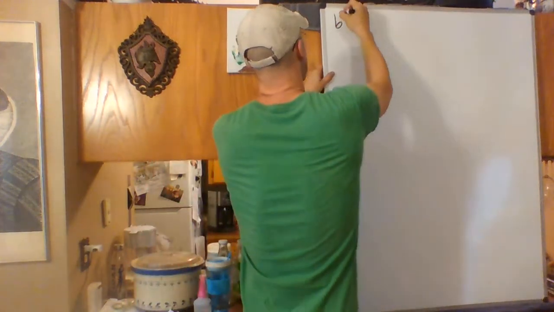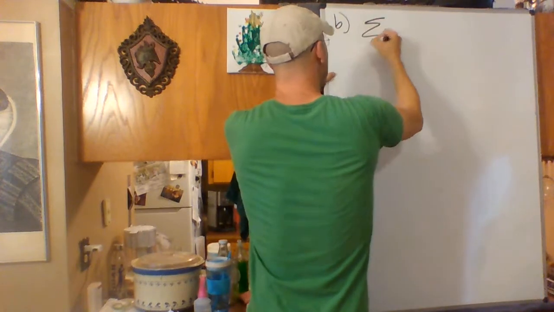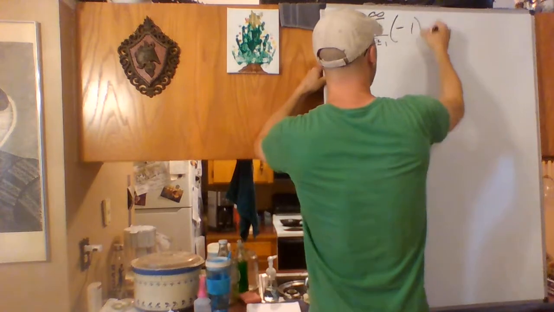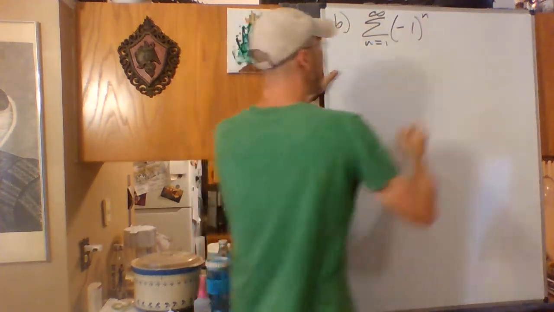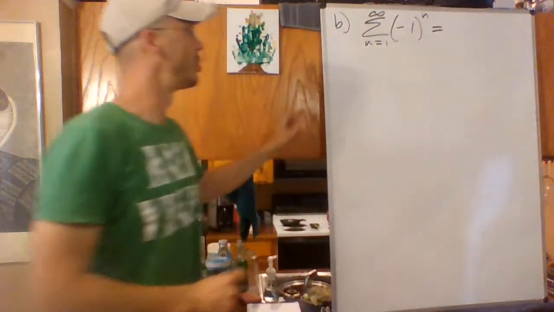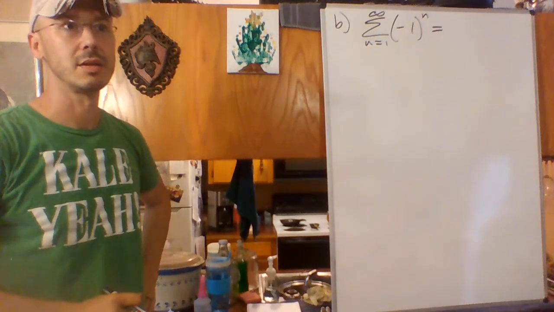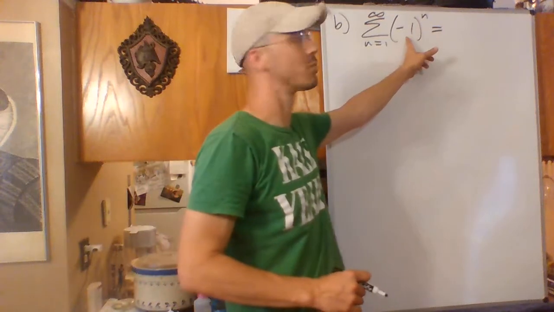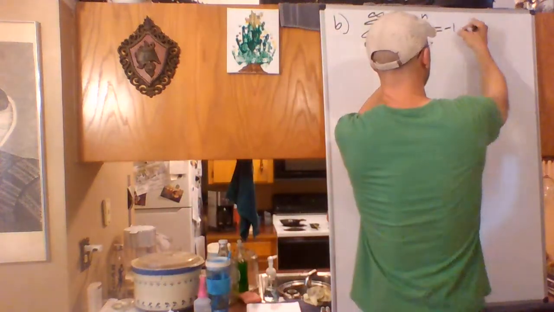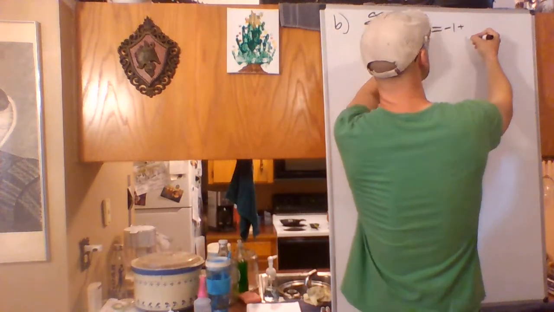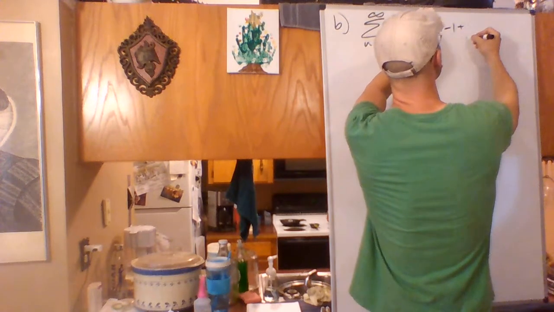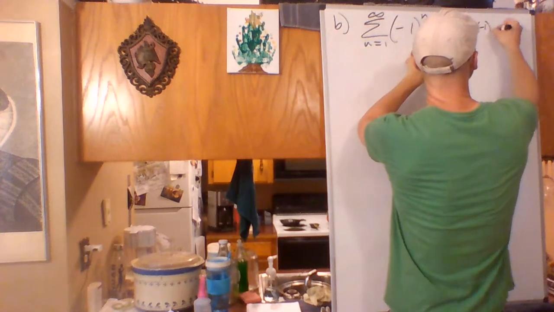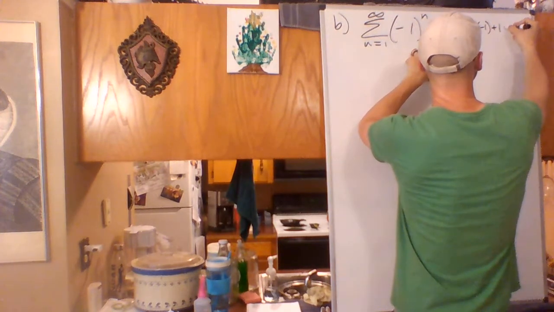Which is the sum from n equals 1 to infinity of -1 to the n. And we can look at this as a sequence. -1 to the first is -1. -1 squared is 1. -1 cubed is -1, -1 to the fourth is 1.